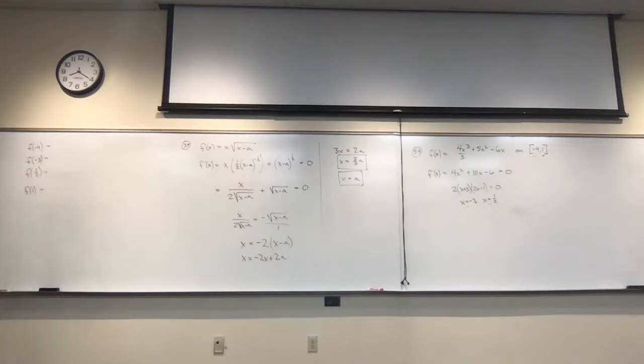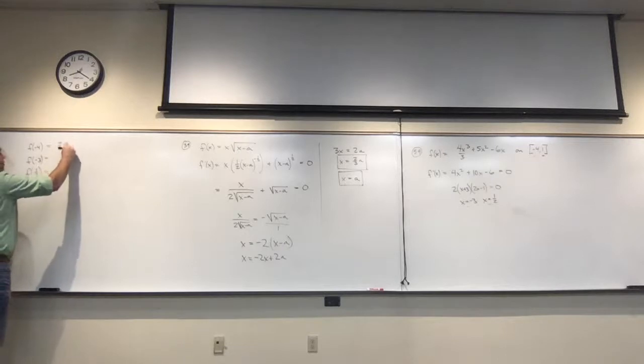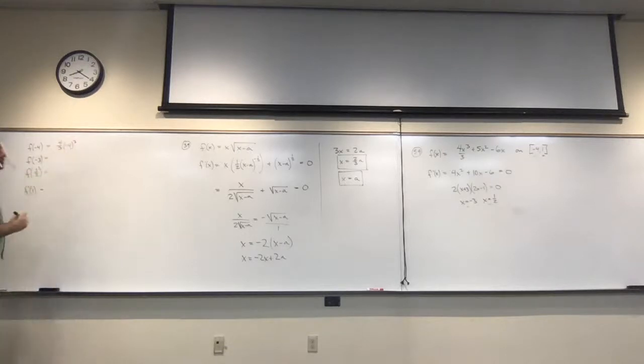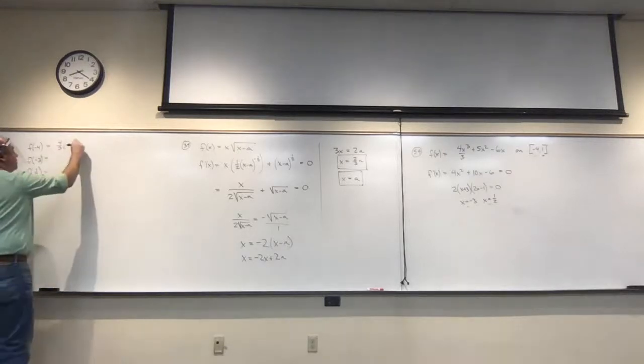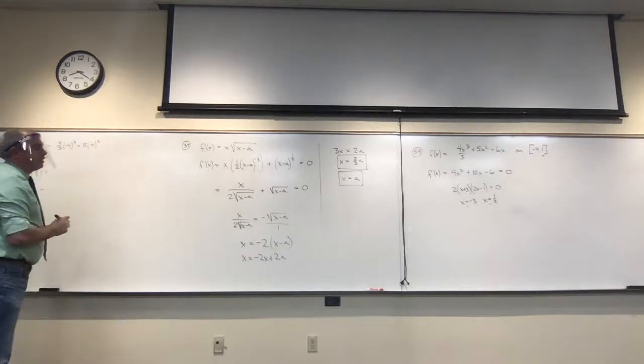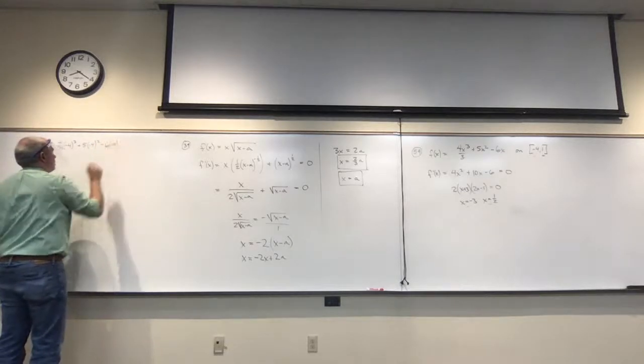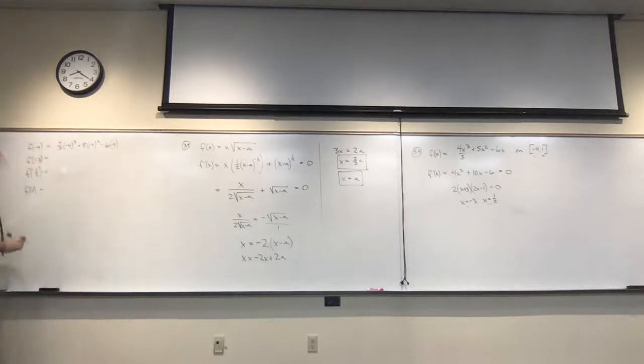So if we plug in minus 4, then I get 4/3 times minus 4 cubed plus 5 times minus 4 squared, and then minus 6 times minus 4. Okay, what do we have here?